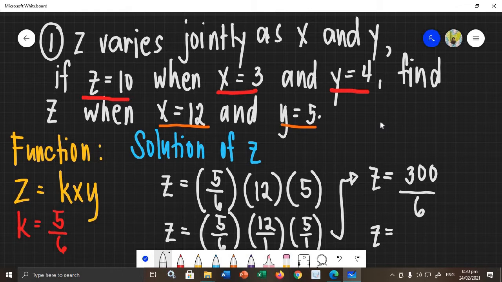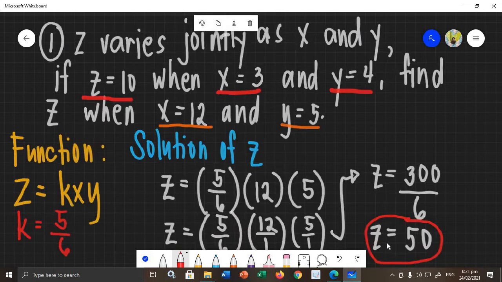We can divide 300 by 6, and the answer is 50. So, therefore, that is the value of your Z, which is 50. So, in this given problem, the value of the constant is 5 over 6, and the value of Z is equal to 50.